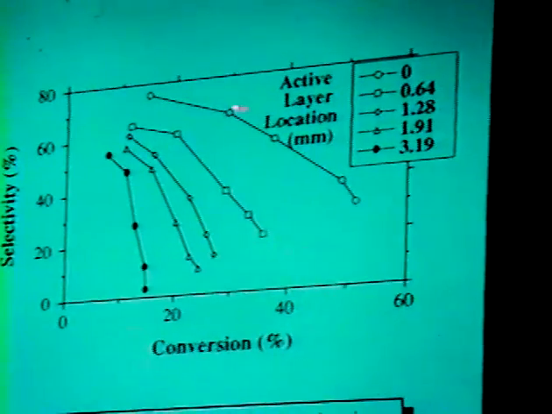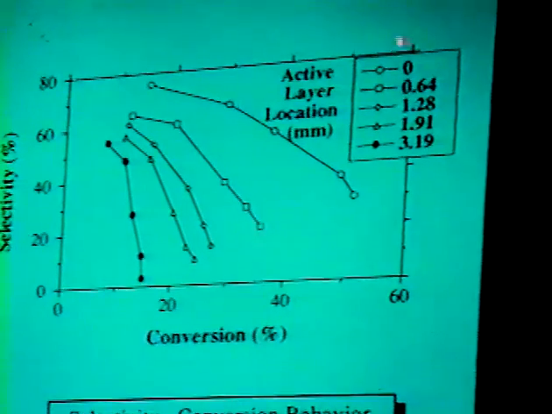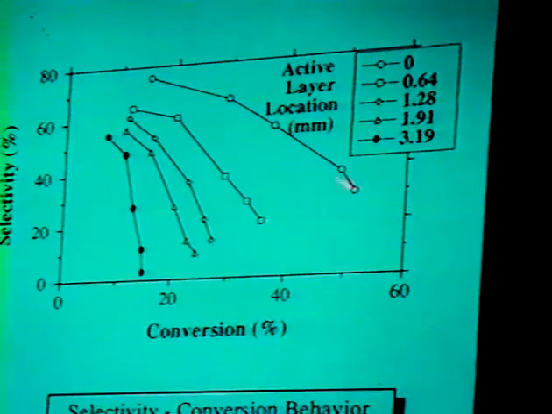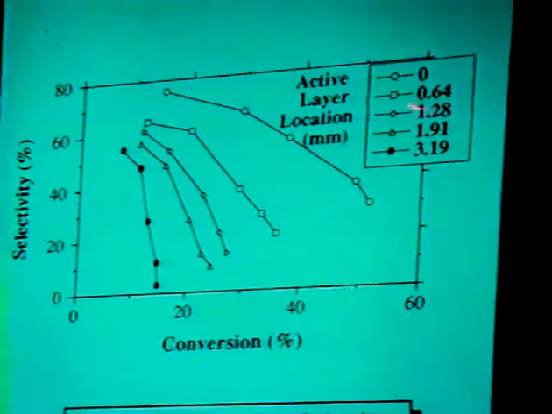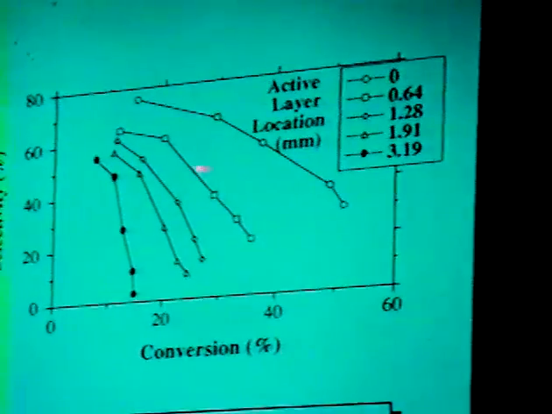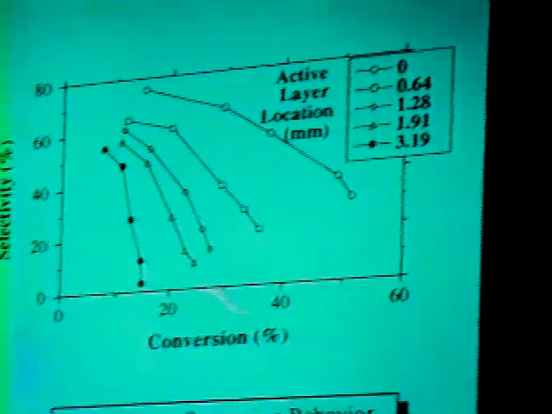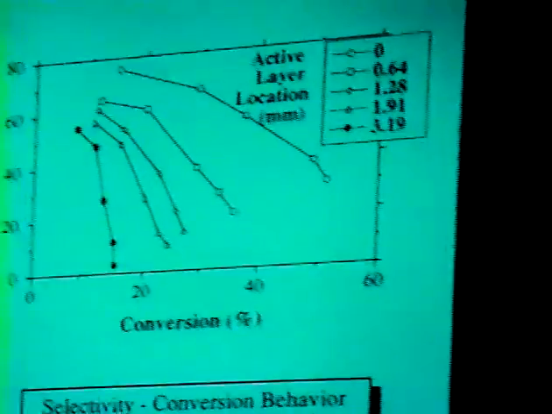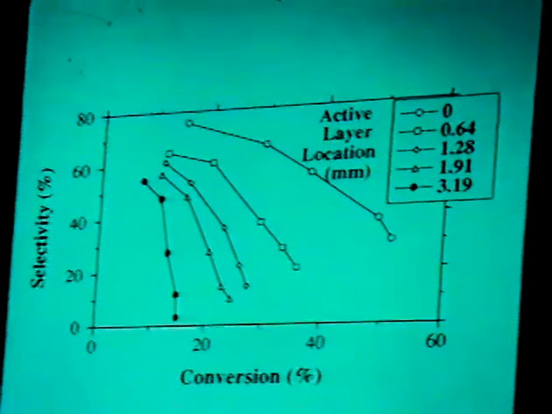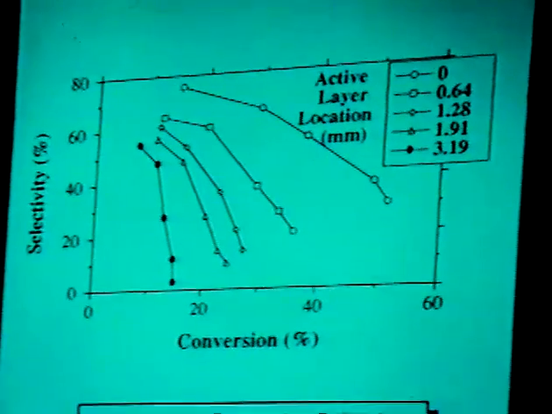So we are taking that active layer and moving it deeper and deeper into the pellet, in sort of the wrong direction. The 0 means that the active layer is right on top of the surface. 0.64 means that the top of this active layer is 0.64 millimeters from the top, and so forth.